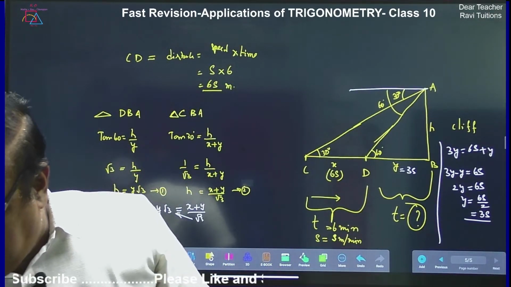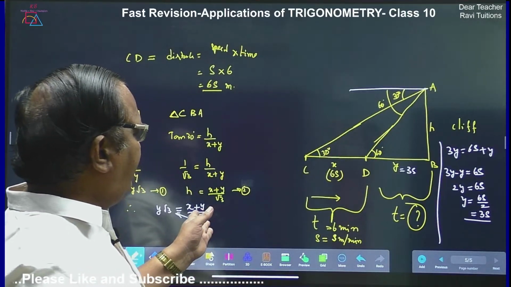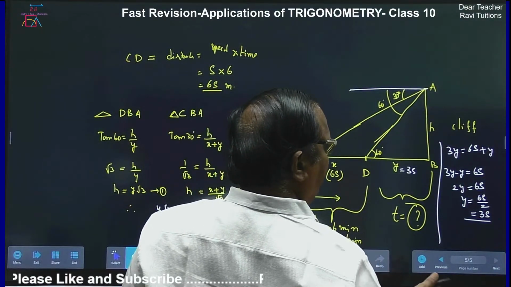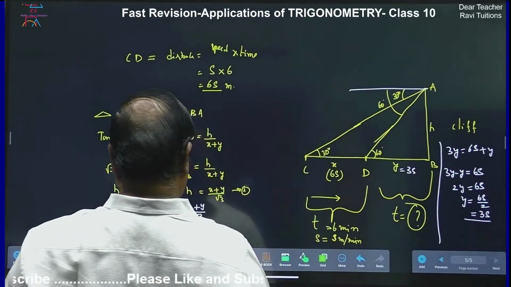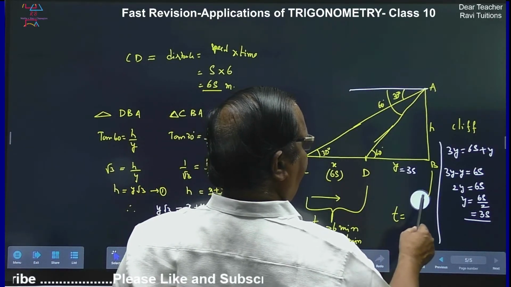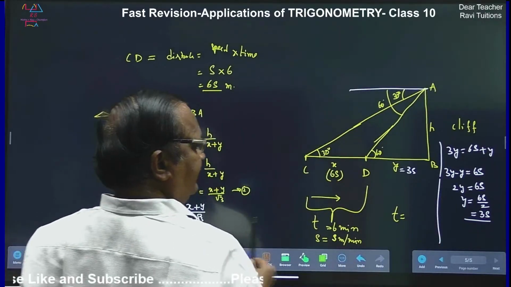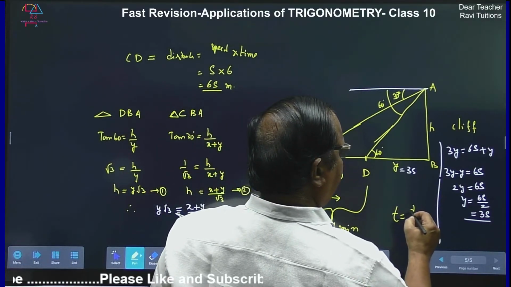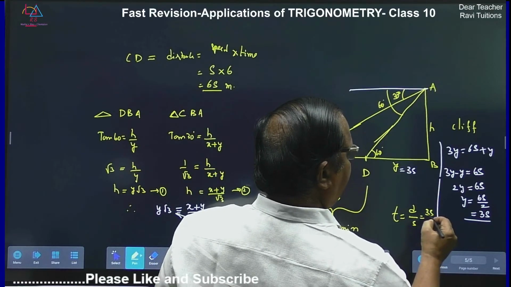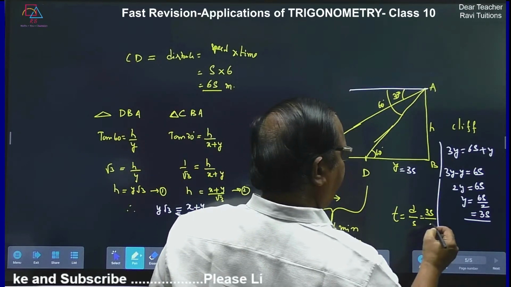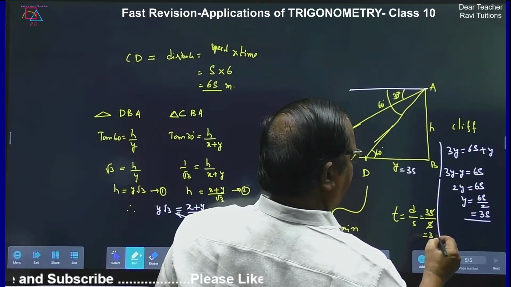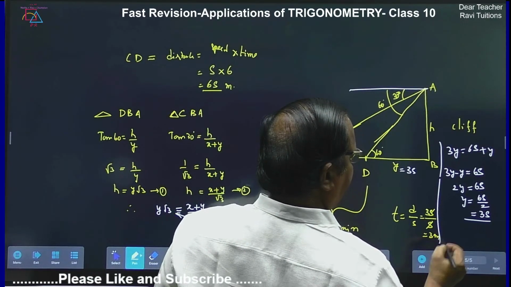Now we have to convert. We want t. So how will you get t here? t is equal to distance by speed. Distance is equal to 3s, speed is equal to s, so s cancels. So 3 minutes.